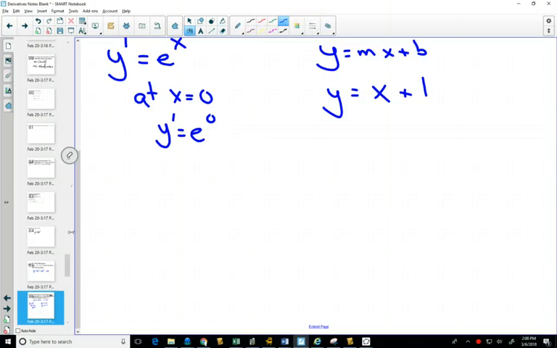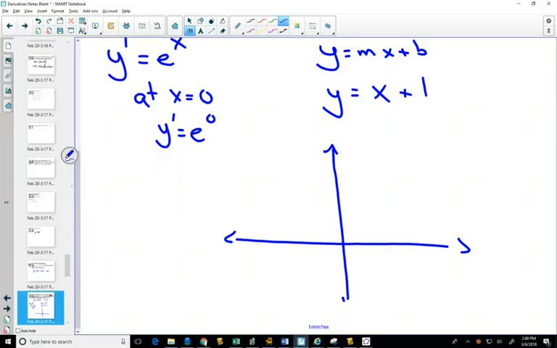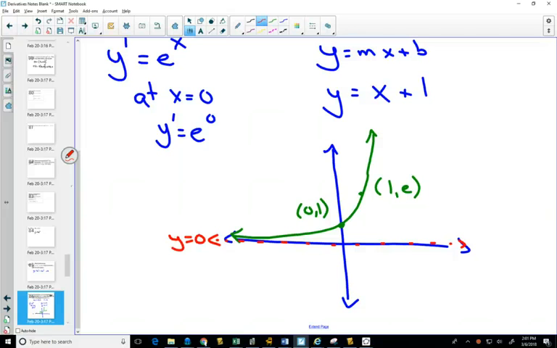Kind of. So your graph of e to the x will have 0, 1, 1, e. And it has an asymptote. 1.73 is the square root of 3.